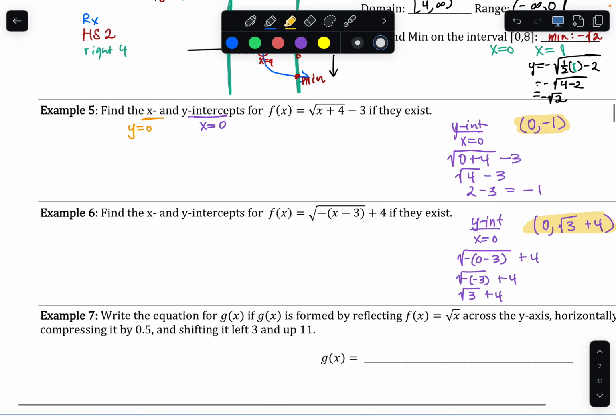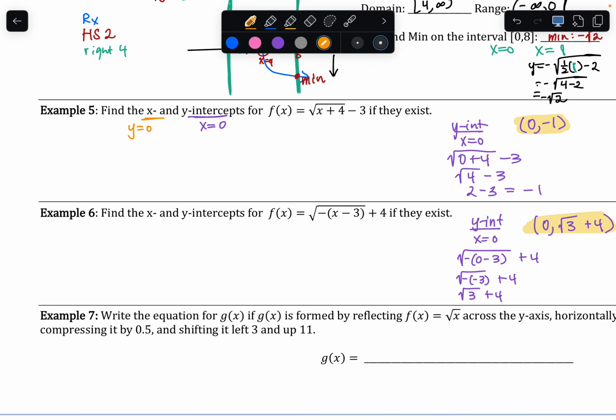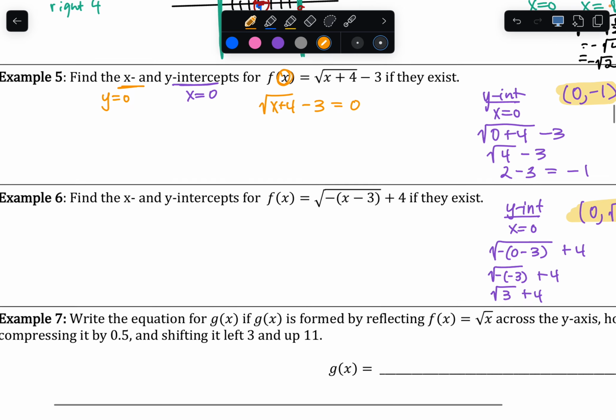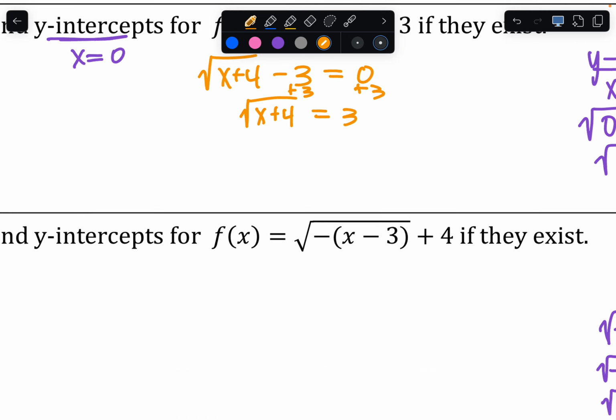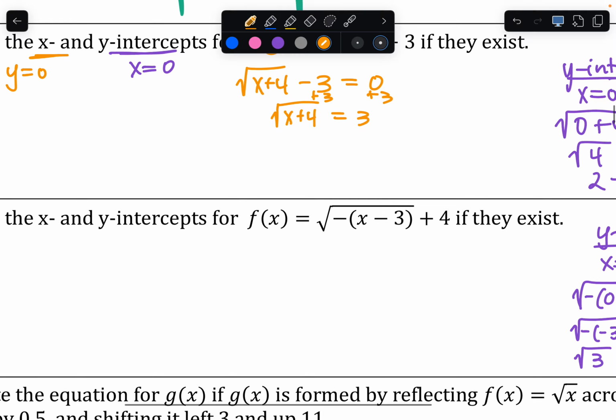Okay, now for our x-intercept, we're plugging in 0 for the y. So we're going to have square root of x plus 4 minus 3 equal to 0, and we need to solve this radical equation. So your first step is to add 3. Get rid of what is outside the radical. So I'm going to add 3 to both sides. And then now everything is under the square root, so we're ready to get rid of the square root by squaring both sides.